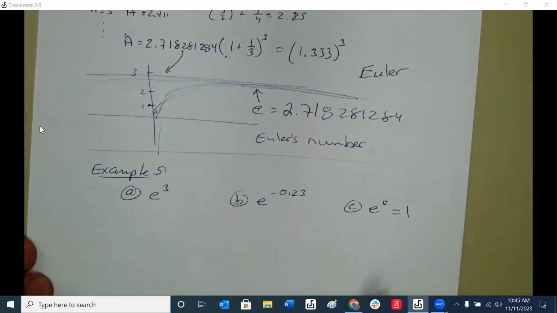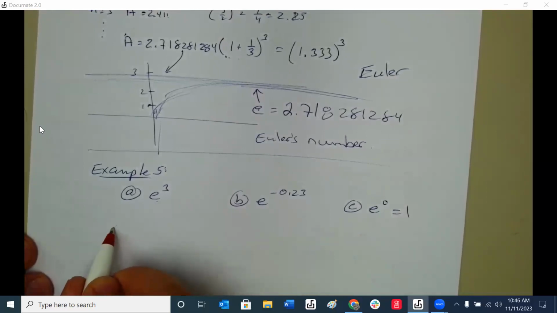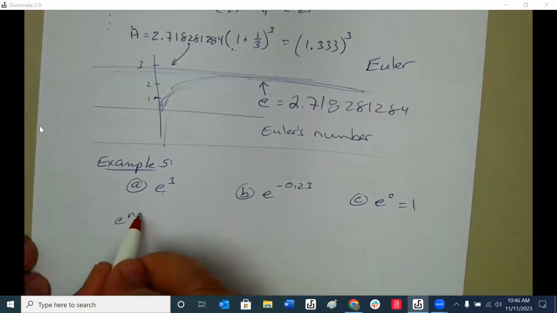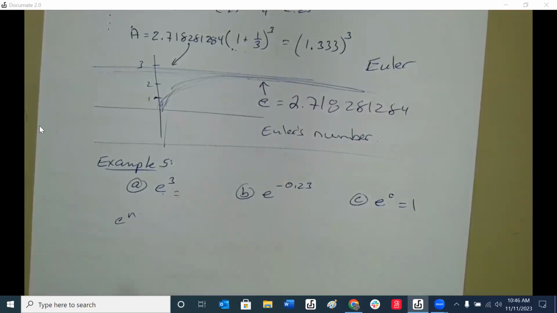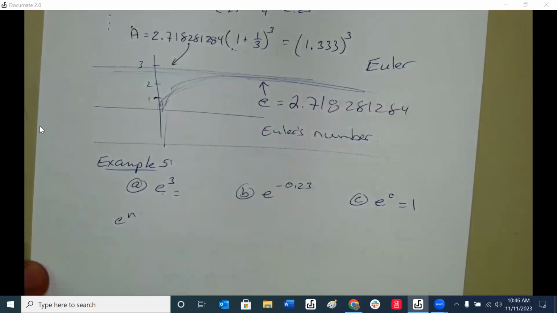Anything to the 0 is 1. That's an easy one. So with this one, you go in your calculator, type in E, you'll see a button that says that. Click it and just hit enter 3, and it'll give you the answer. And for n, you can put negative 0.23 and keep on going from there. So that's what's happening there.